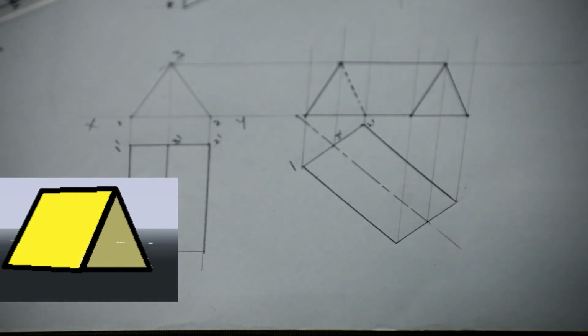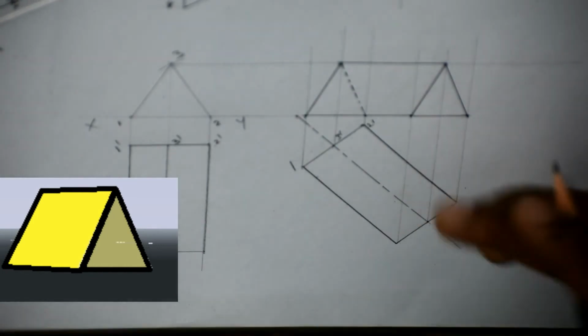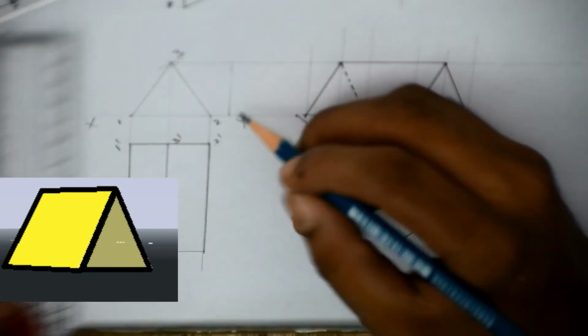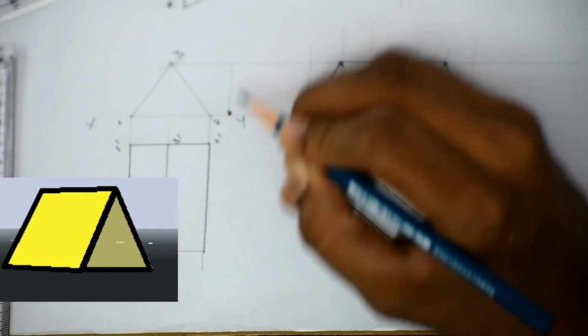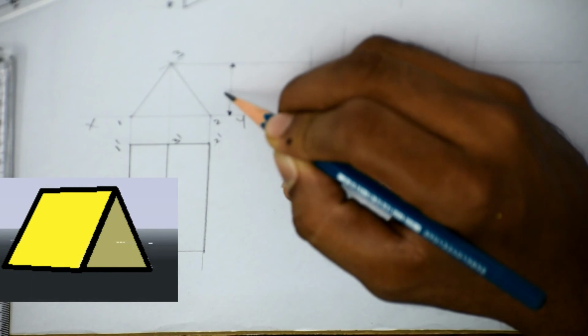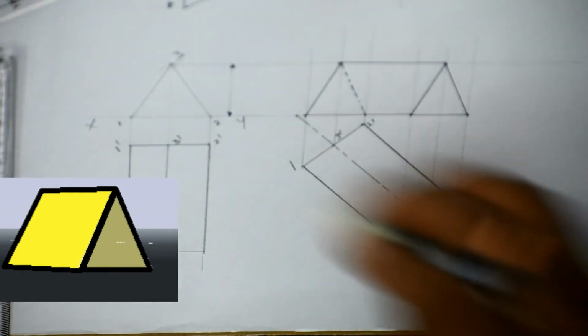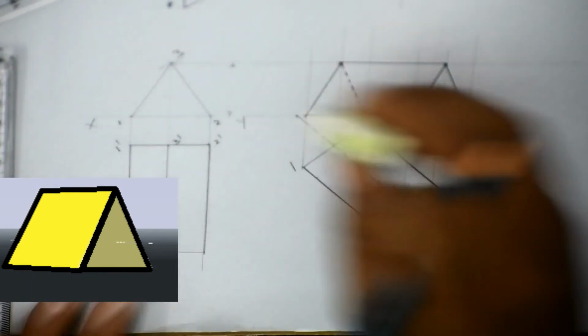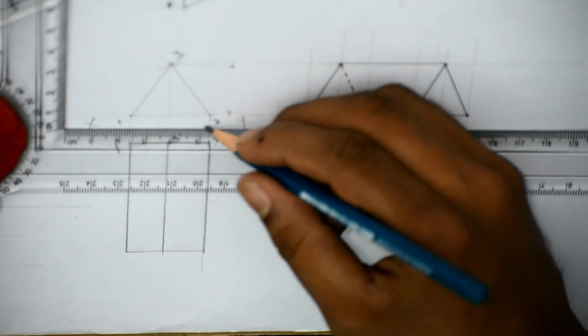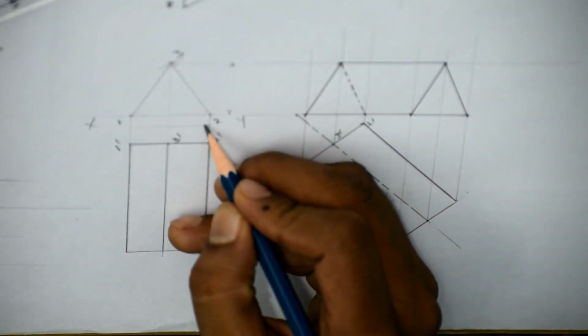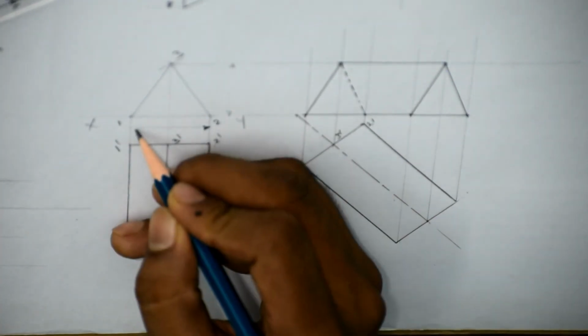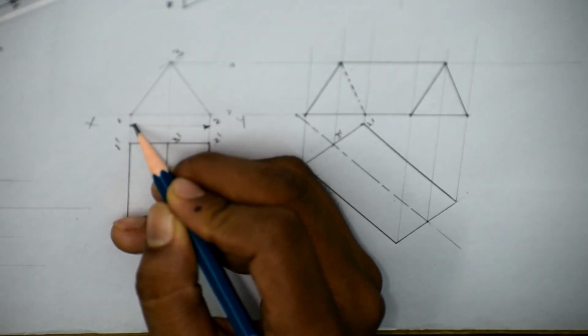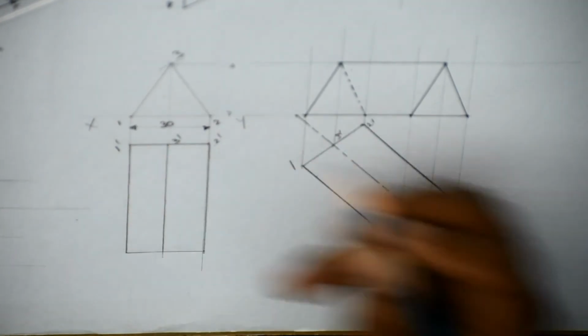So front view and top view are completed now. For the dimensioning part, we need to dimension it here. This is going to be your 30 mm.